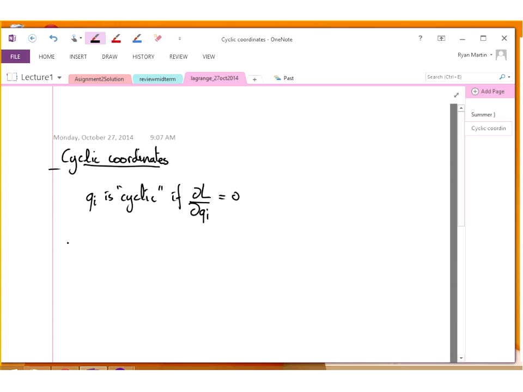So consider the Euler-Lagrange equation, which tells us that d/dt of ∂L/∂qi dot minus ∂L/∂qi equals 0 for all qi, for all i.